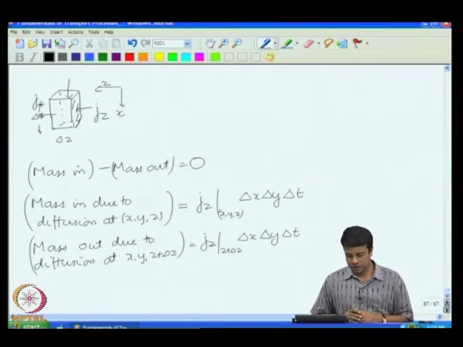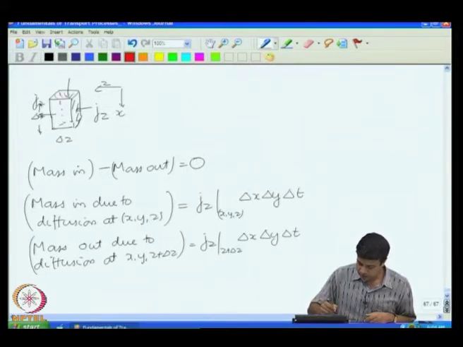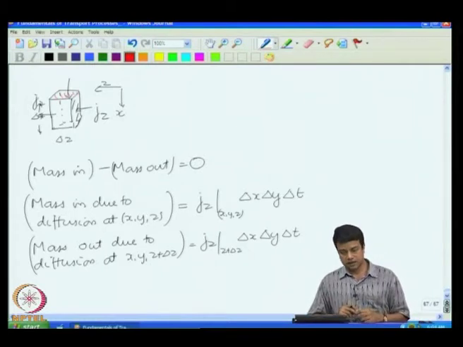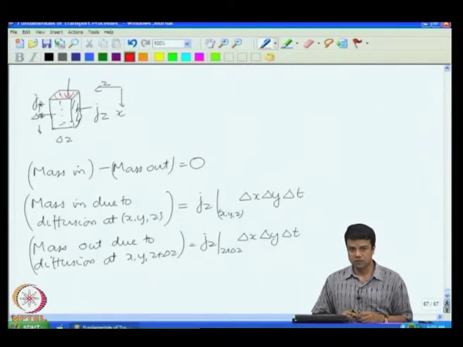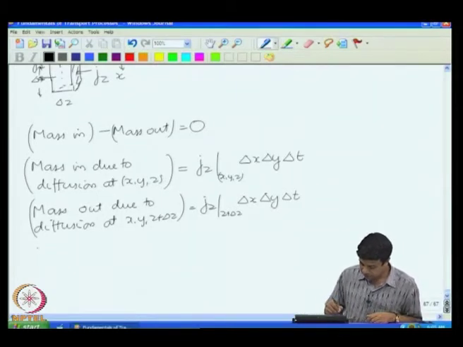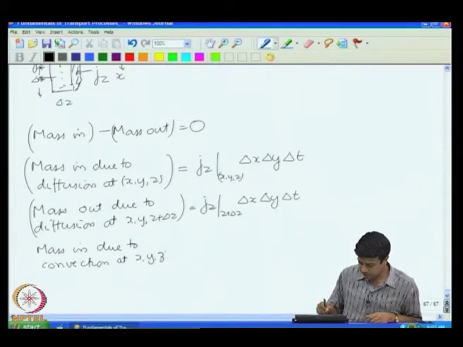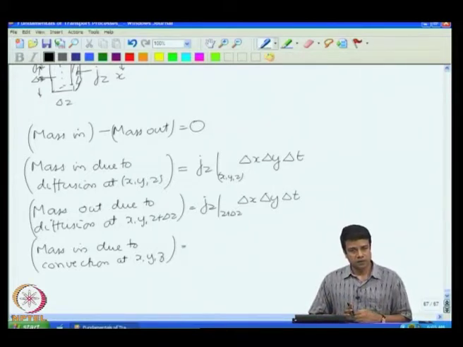Okay. How about the top and bottom faces? At the top face, we are neglecting diffusion in the x direction, therefore, mass is coming in only due to convection. Therefore, I will have mass in due to convection at x, y, z is equal to the convective transport, which is the concentration times the velocity times the area.